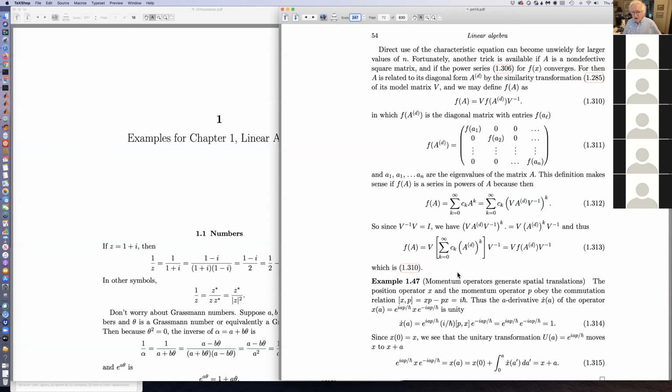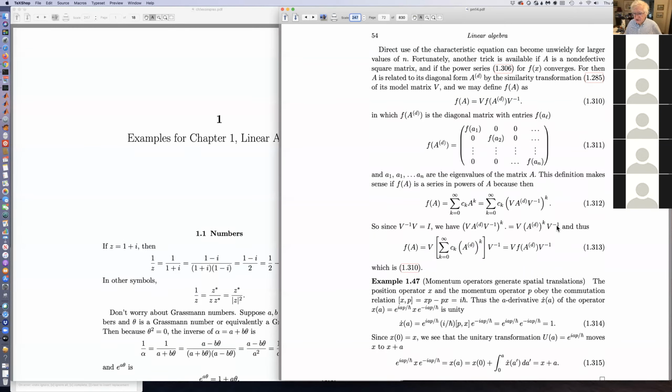This is then a matrix, and we can write f of A as the sum of c_k A to the k, of course, but now A to the k we write this way. Since V inverse V is 1, a lot of the V V inverses cancel, and we just have V, the diagonal matrix form of A raised to the kth power, V inverse.